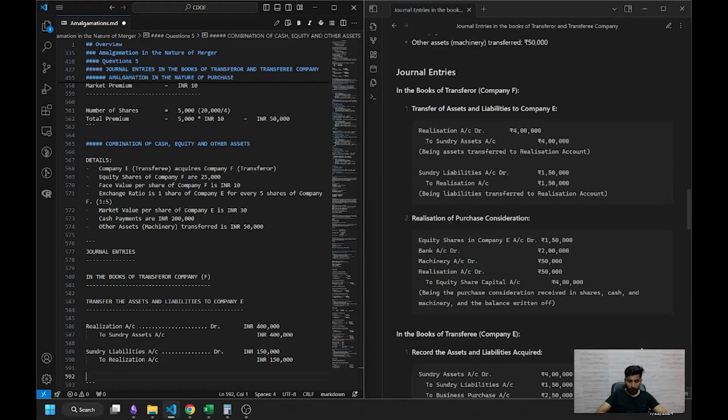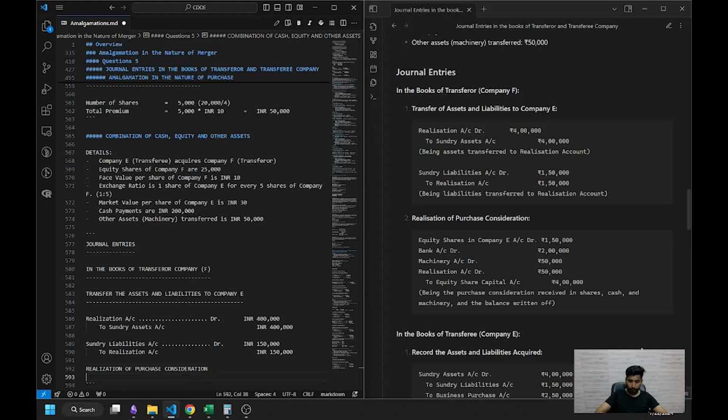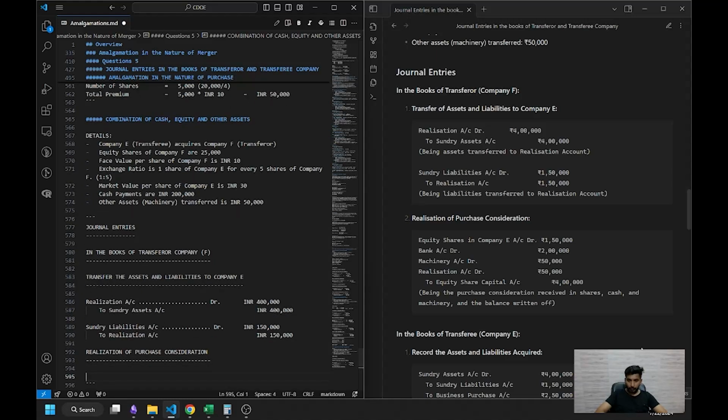After that, there will be the entry for the realization of purchase consideration. Then the entry will be like this.